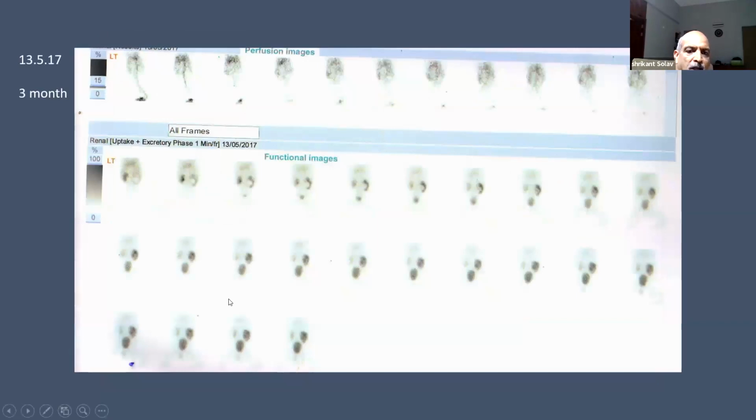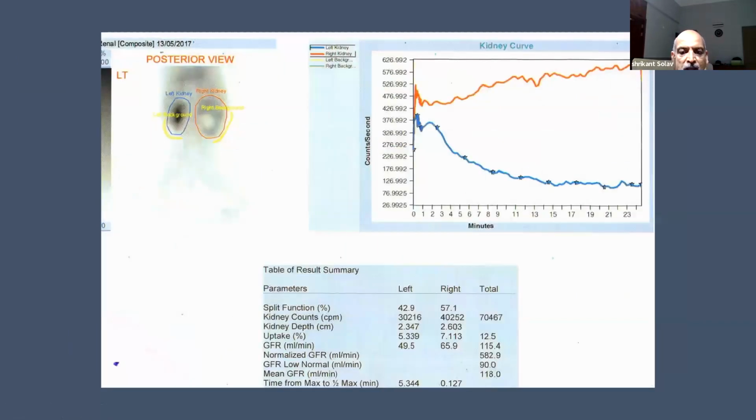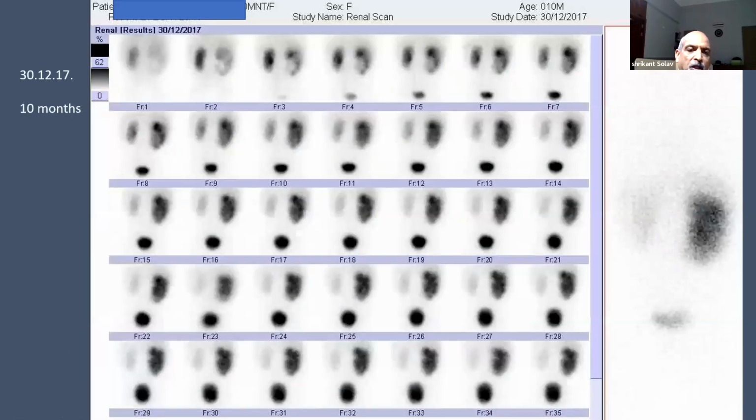You can see here, the right kidney uptake is much less as compared to the left kidney. So qualitatively, it is less. So quantification wise, it has to match the decrease. It can't be more than the left side.